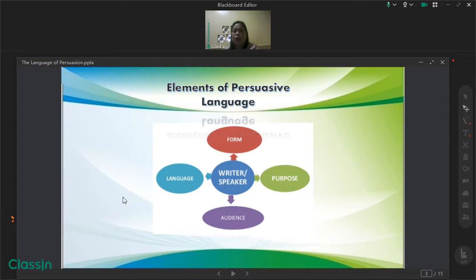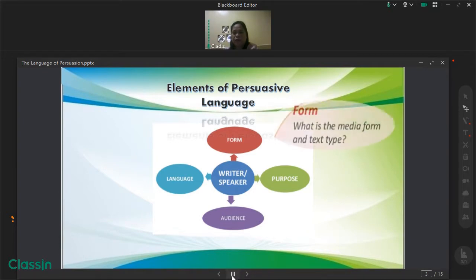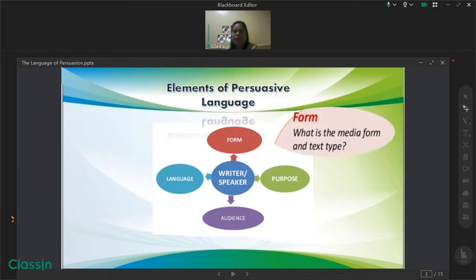So when we say form, form is the media form and text type. What are those media or text types that you use in persuading someone?